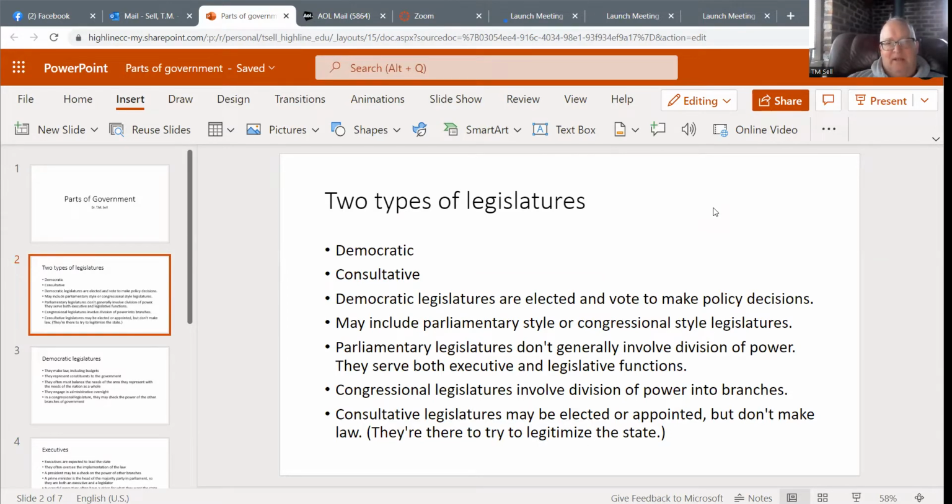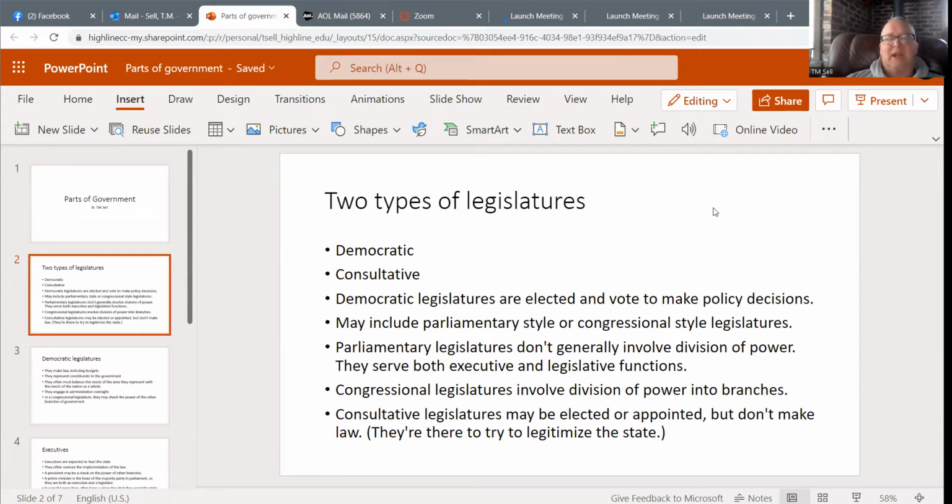There are democratic legislatures and there are consultative legislatures, and I will explain the difference. And of course, as always, it's in the reading. So democratic legislatures are elected, first of all, right? People voted to put these folks in office.